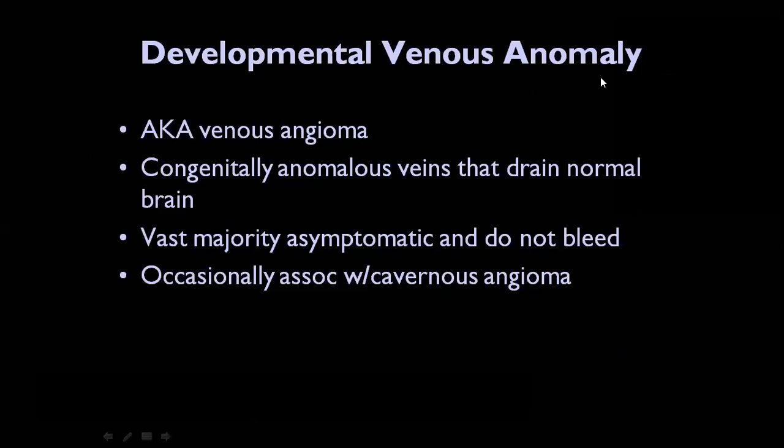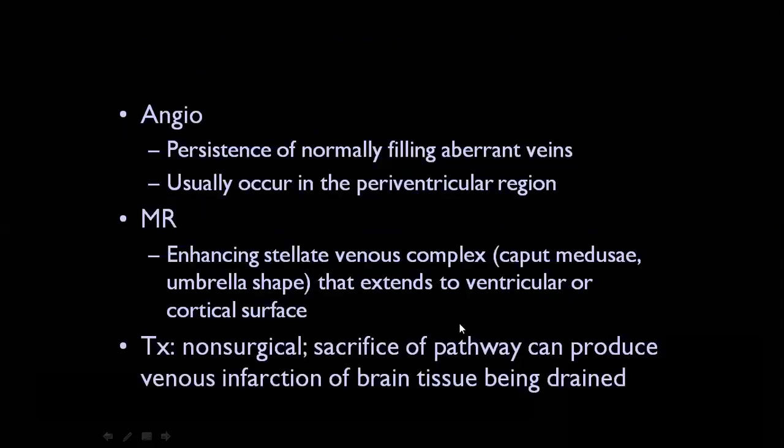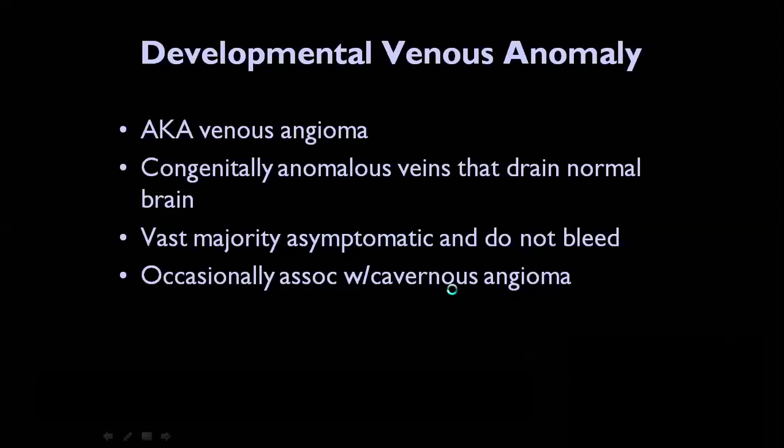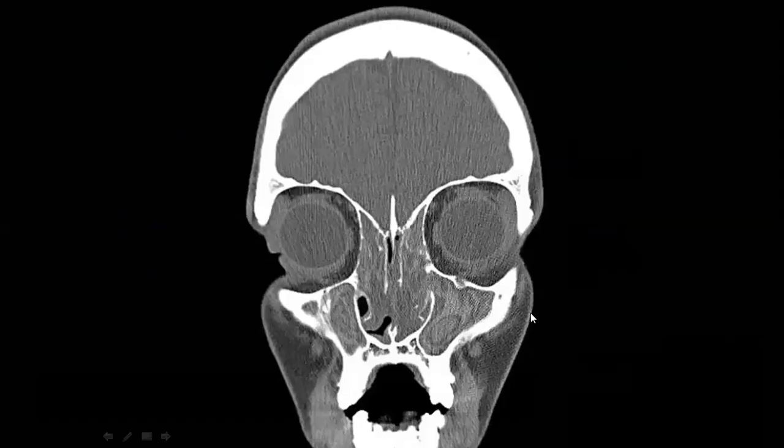So venous angioma or DVA. It is different from cavernous angioma. Cavernous angioma, we mentioned before. It has a popcorn appearance with hemosiderin rim, okay? So it is very different, okay? So don't touch the lesion. When you see this, don't touch the lesion. Yeah.